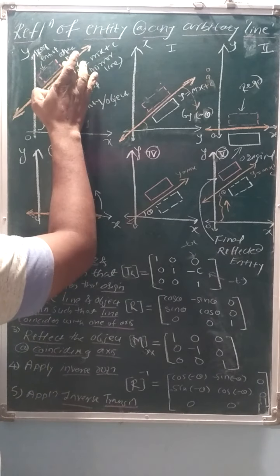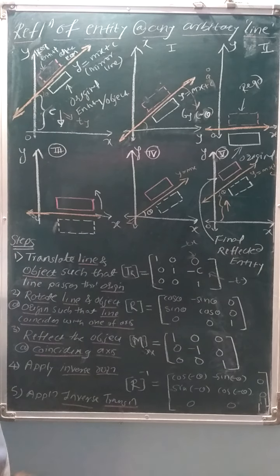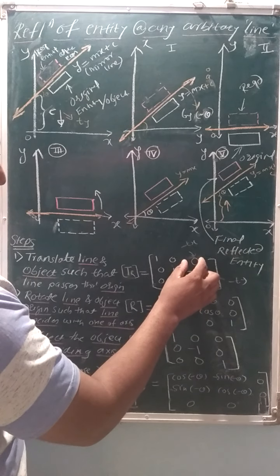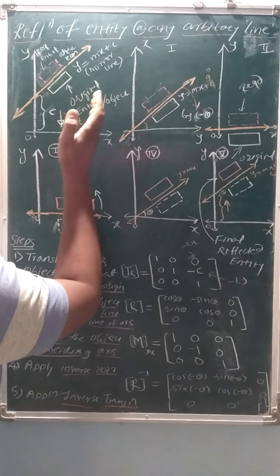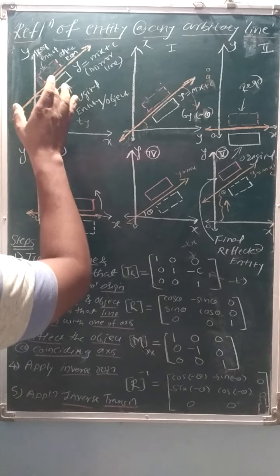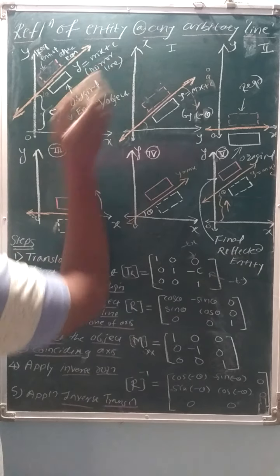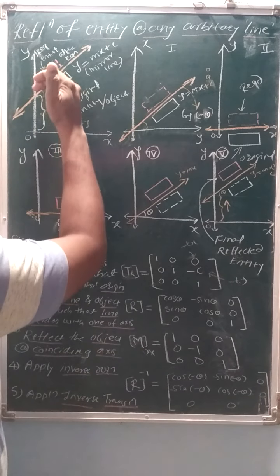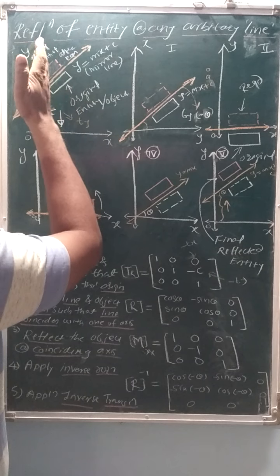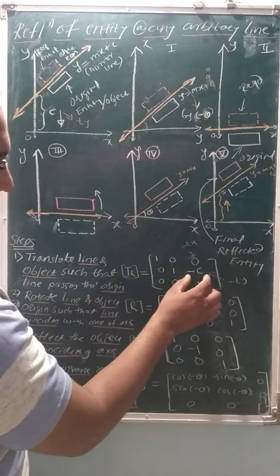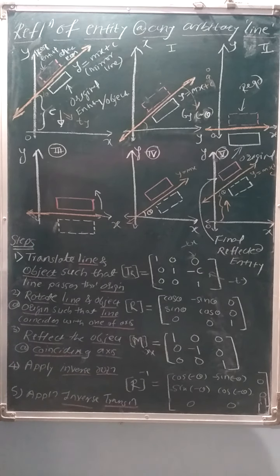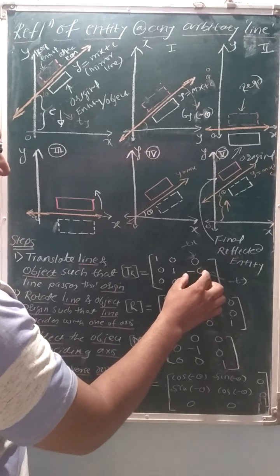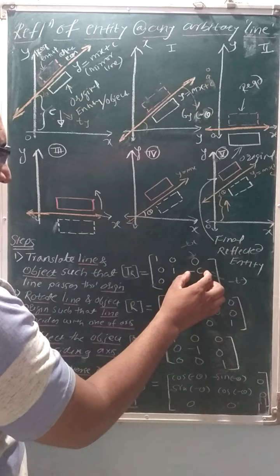Here minus tx is 0, which means we are not translating the line along the x-axis. We are just translating the line along the y-axis. So minus ty is minus c in this case.